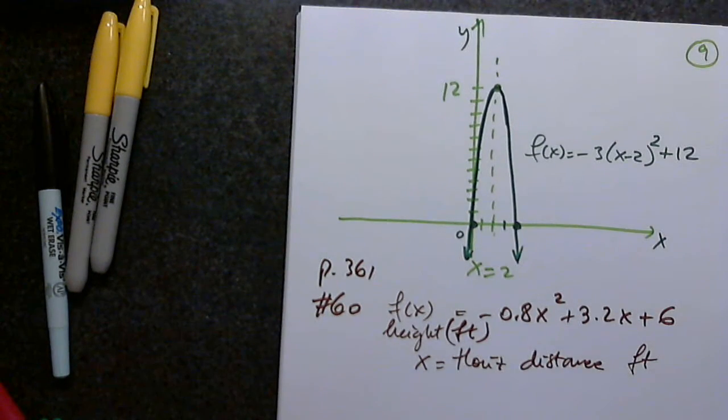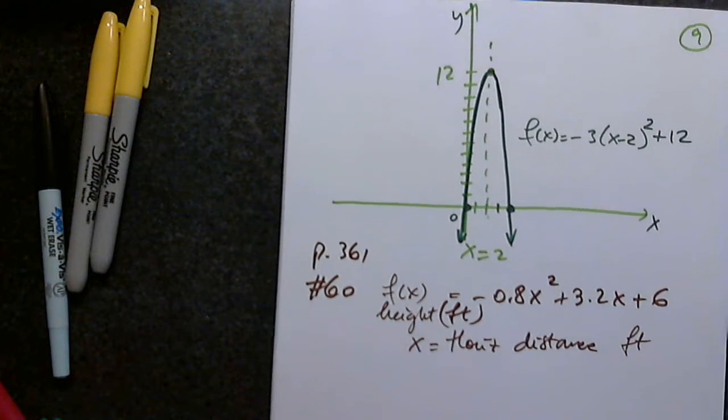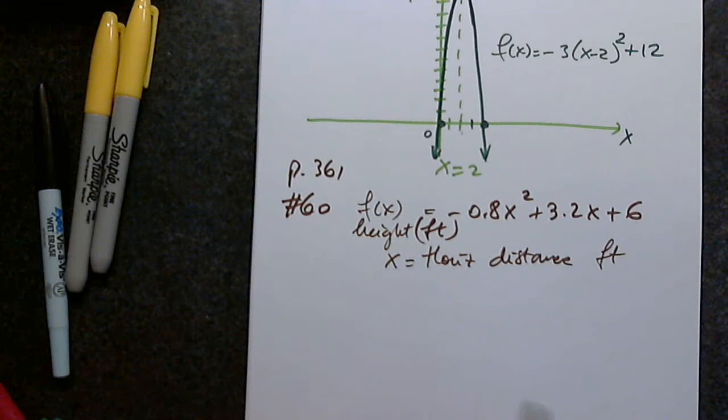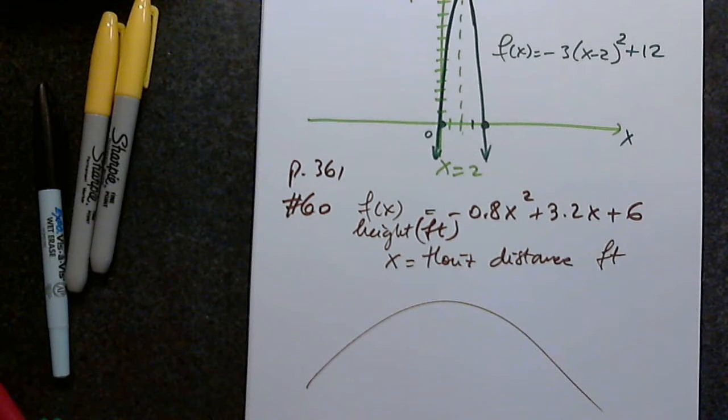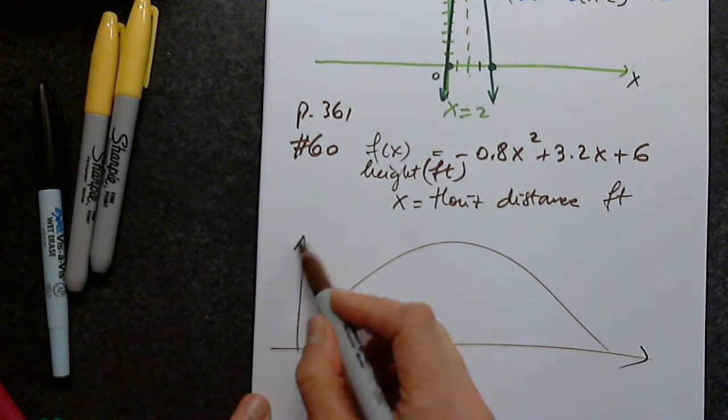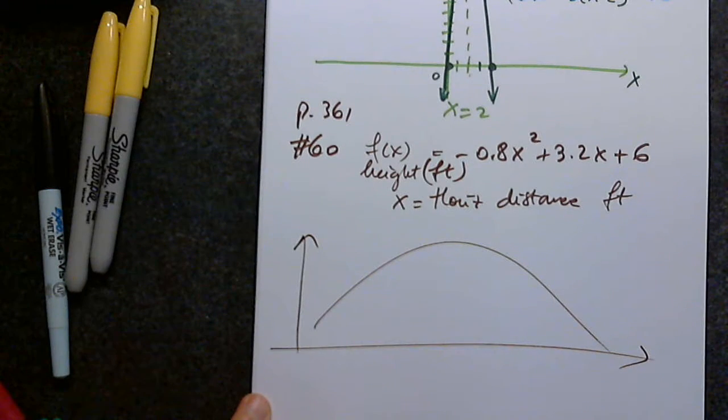What type of function is it? Does it have a max or a min? So I throw it up and out. Let's say this is the picture. It may not be exactly this.